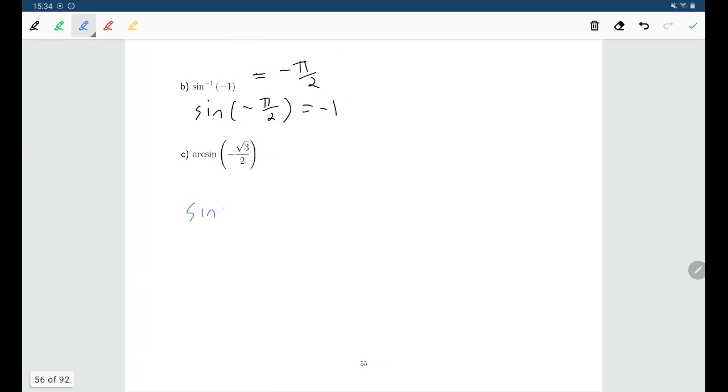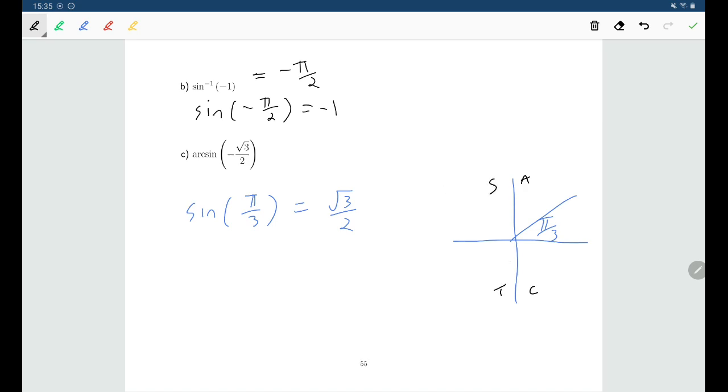I know that sine of 60 degrees is root 3 over 2, but then you also know if sine of pi over 3 gives you root 3 over 2, and you know that sine is positive in quadrant 1, positive in quadrant 2, but negative everywhere else, you know then that if you're thinking about negative pi over 3, it should have a value of sine of that being negative root 3 over 2.